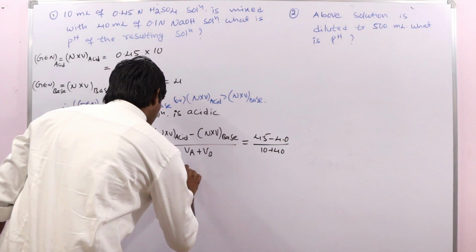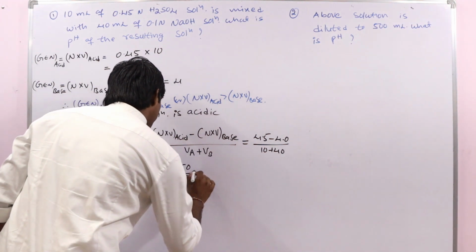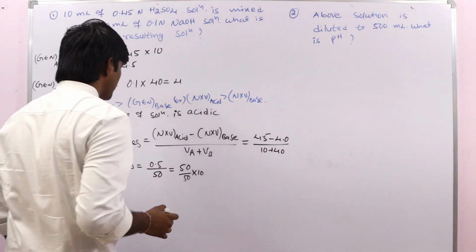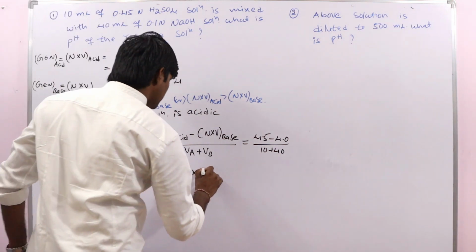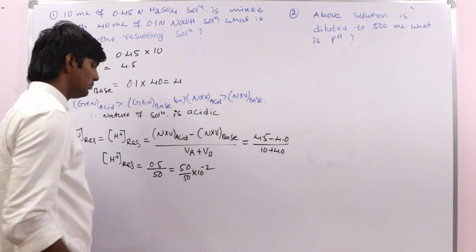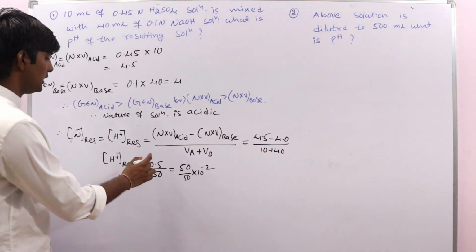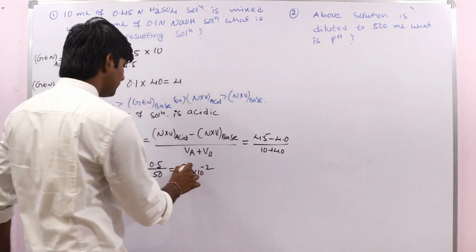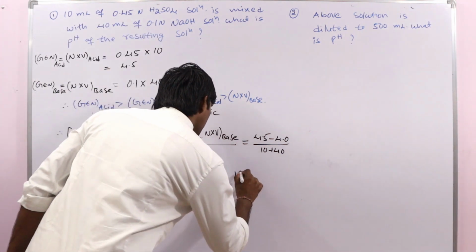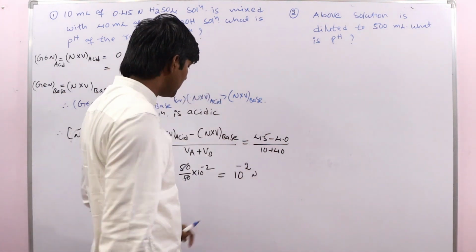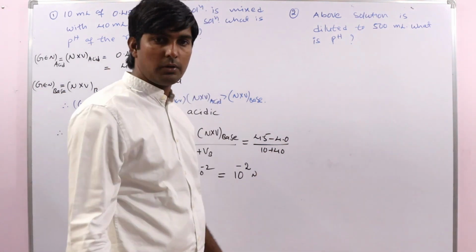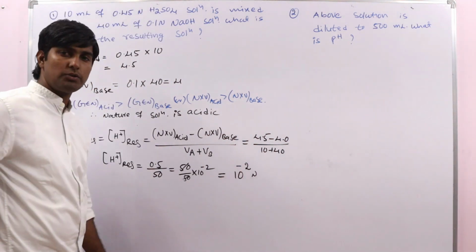We can write this as 50 into 10 power minus 2, since 0.5 is 50 into 10 power minus 2. So 50 and 50 get cancelled. So the concentration of H plus ions present in the resultant solution is 10 power minus 2 normal.